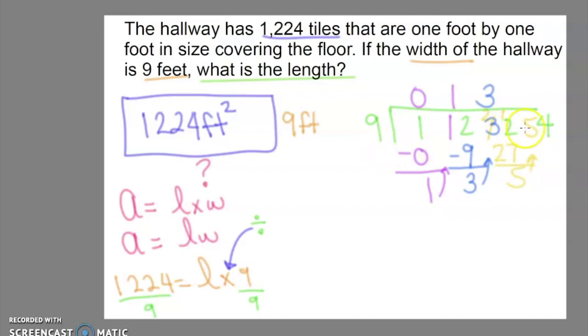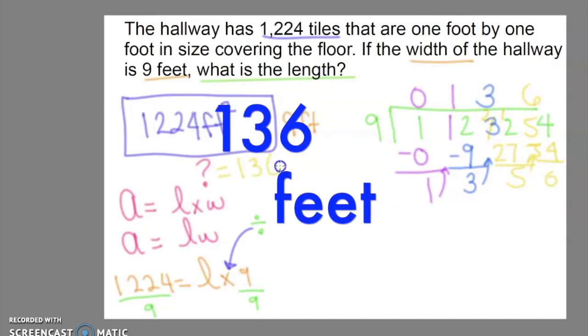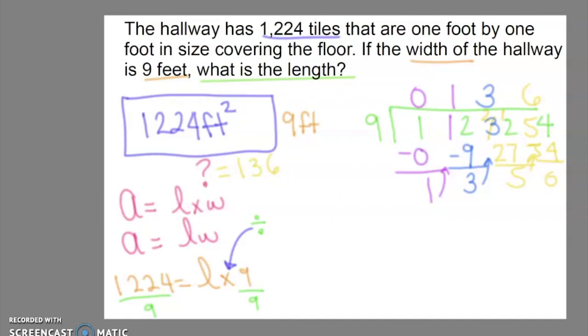How many groups of 9 can I get out of 54? 9 times 6 is 54. I get to subtract 54. That leaves me with 0. So now we just solve our division problem. What is my length? It's equal to 136.